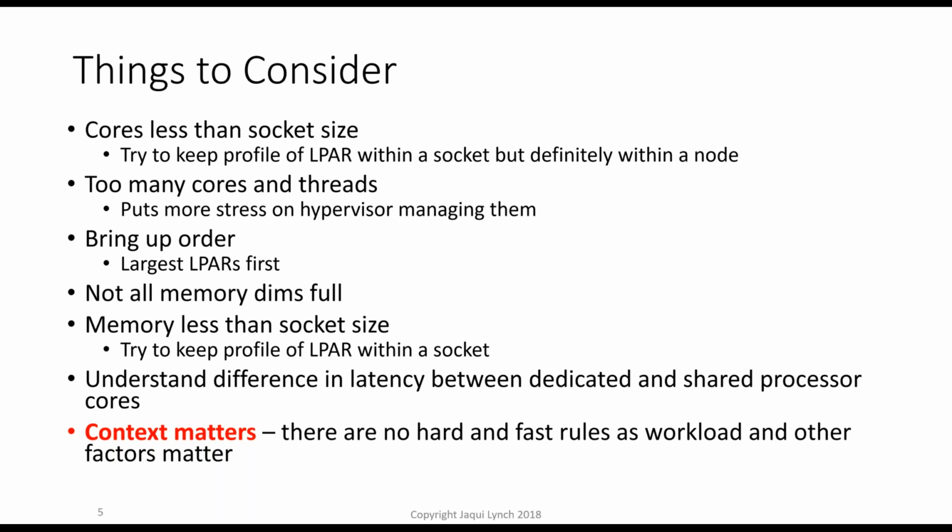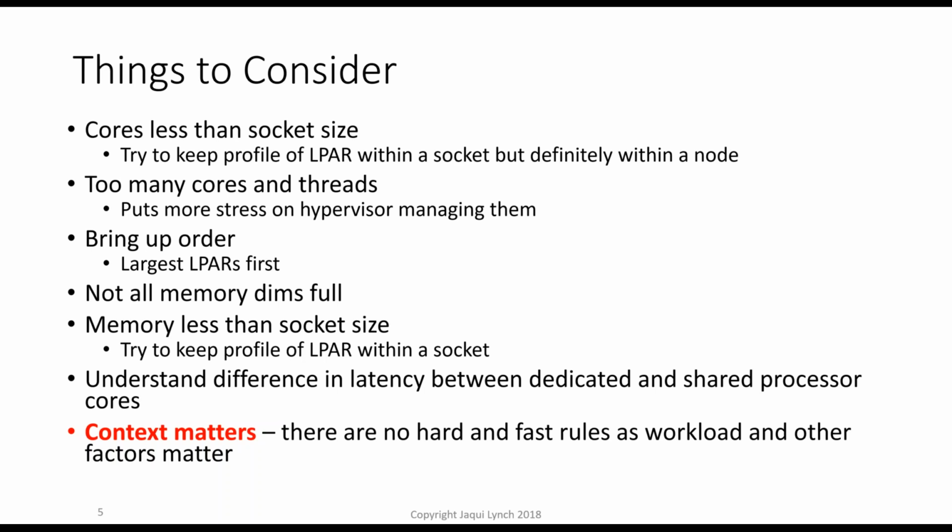And then the other thing is understanding the difference in latency between dedicated and shared processor cores. So as an example, when you bring up a dedicated LPAR, each of its virtual processors is mapped directly to a core. And the whole time that LPAR is up, that VP is always mapped to that core. When you bring up a shared processor LPAR, the virtual processors are mapped to whatever core is available when they get dispatched.